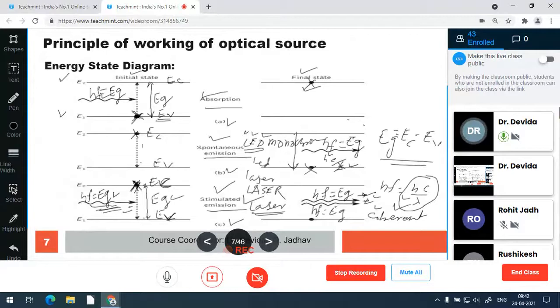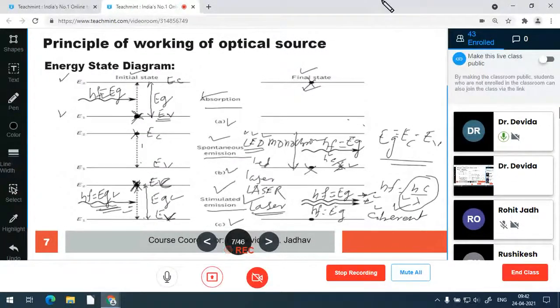Monochromatic means single color, single wavelength. Coherent means all the photons are in phase. And LED is monochromatic, single wavelength, single color, but it is incoherent; the photons do not have a phase relationship. So these are the differences between LED and laser.